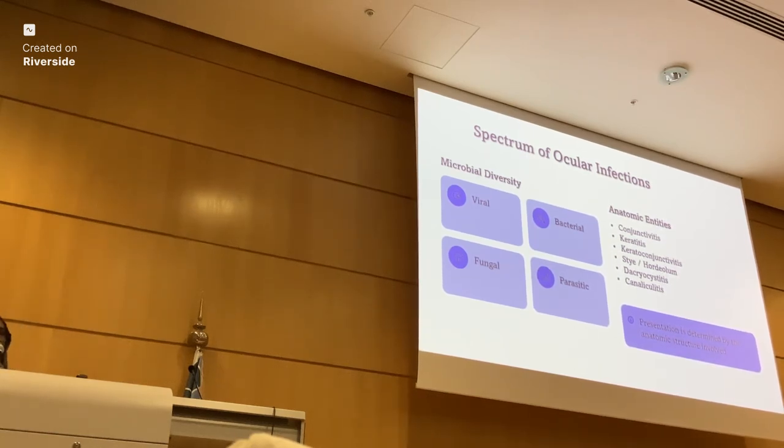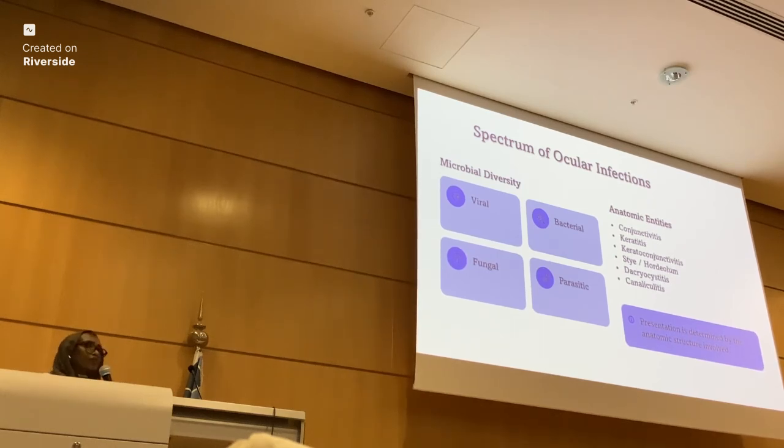This is a condition we're going to talk about in detail, but it's very important to be aware of what the causative agent is when it comes to eye infection. Why is it very important? To give the right treatment.